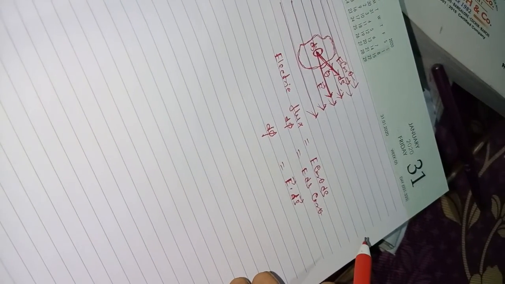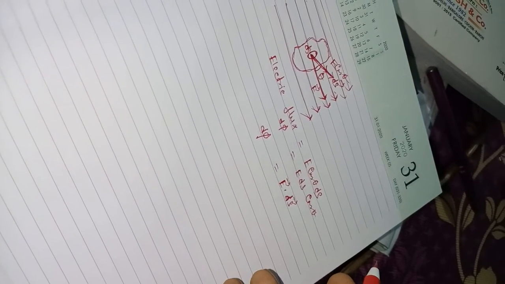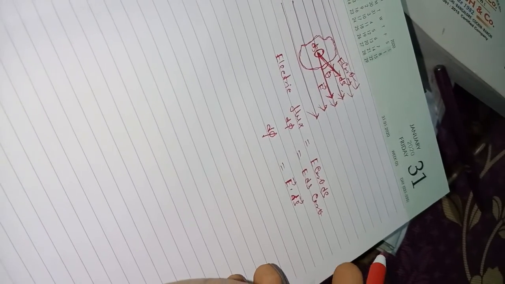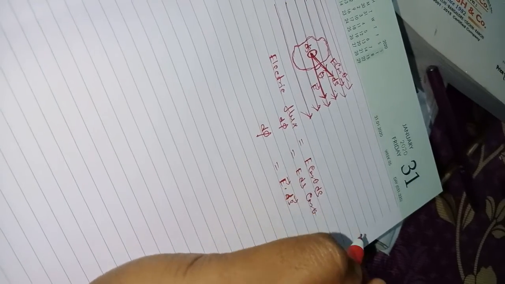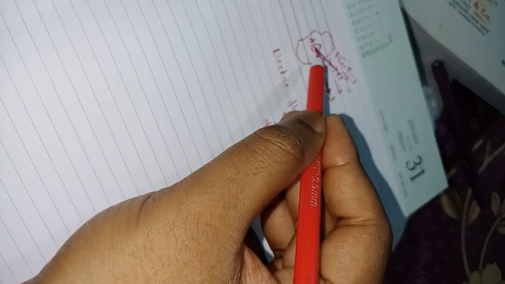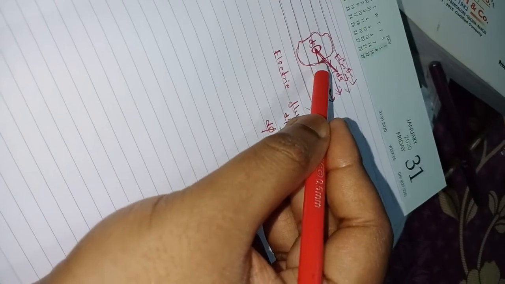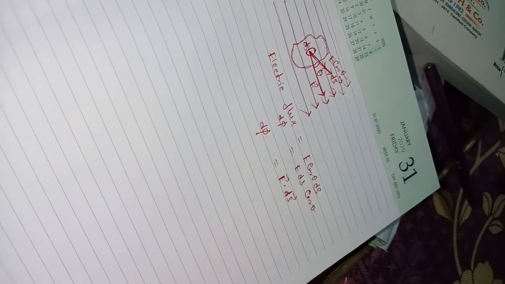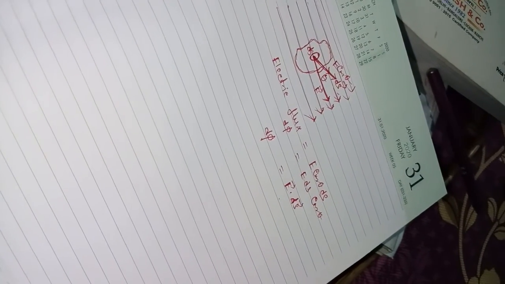And electric flux means the number of electric field lines passing through the surface area normally. That's why for electric flux we write E cos theta ds. That means the component of the electric field normal to the surface area times the area element. So from here we write E dot ds.